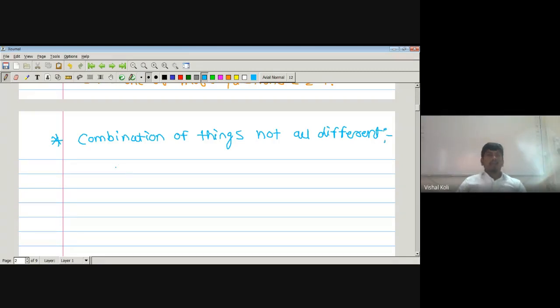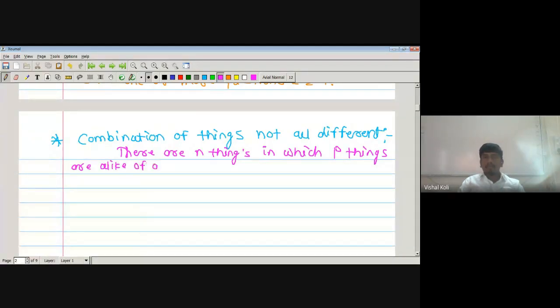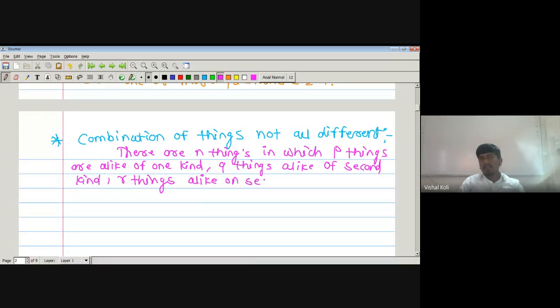There are n things in which p things are alike of one kind, q things are alike of second kind, r things are alike of third kind, and so on.